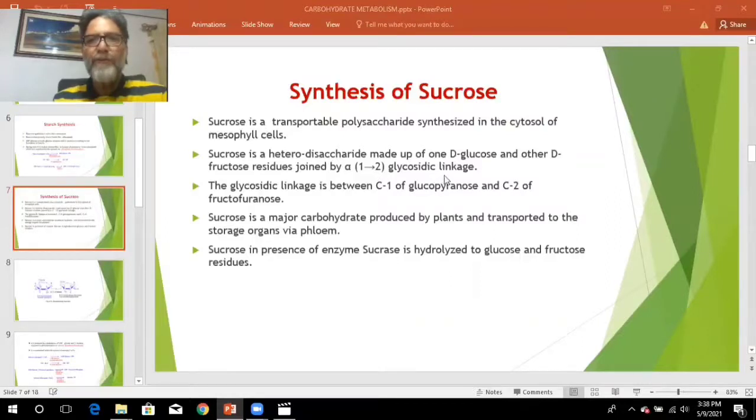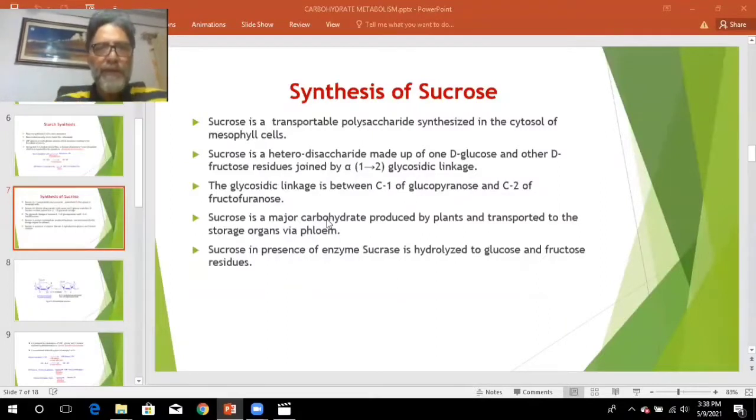There are two types of rings: one is a pyranose type of ring, another is a fructofuranose type of ring. So we have sucrose now. In plants, it is considered the major carbohydrate produced by plants and is transported to other parts of the plant and to storage organs through the phloem.